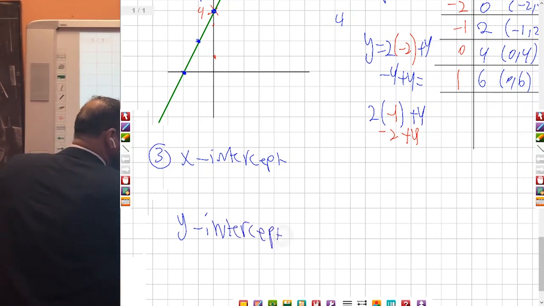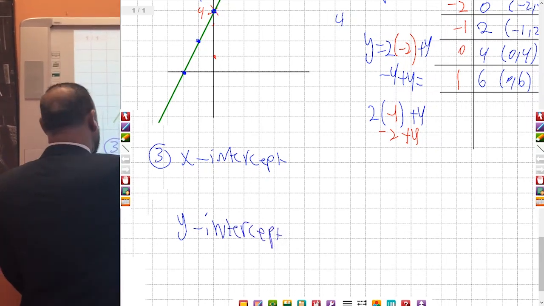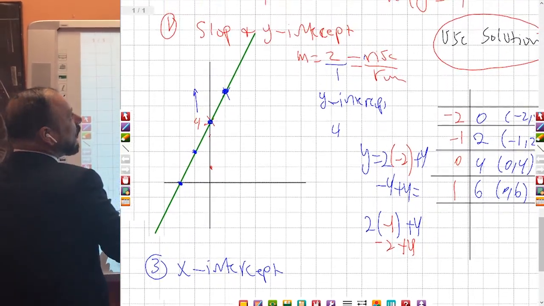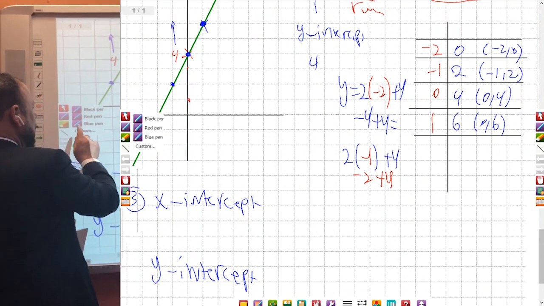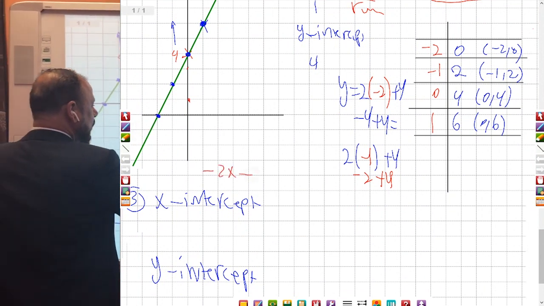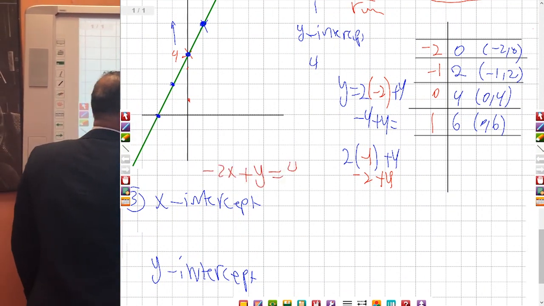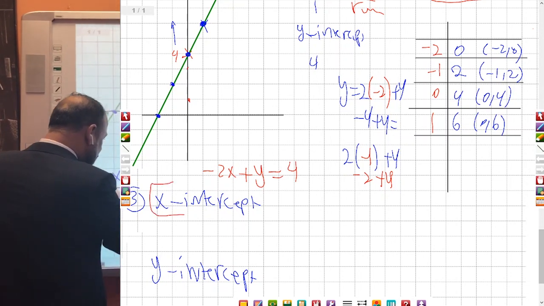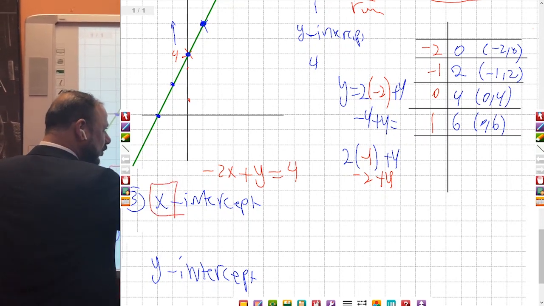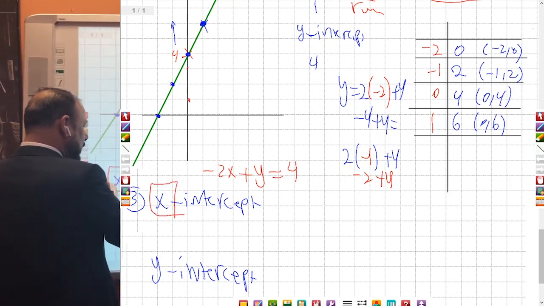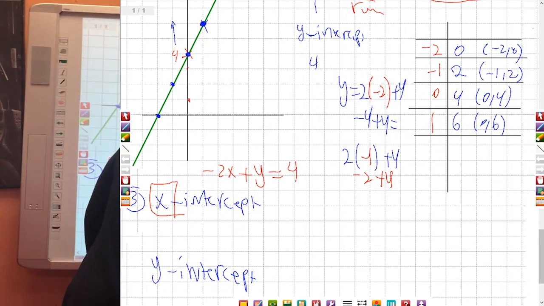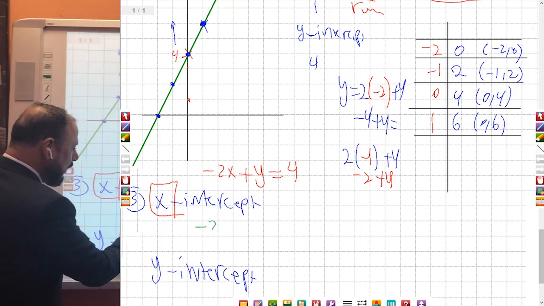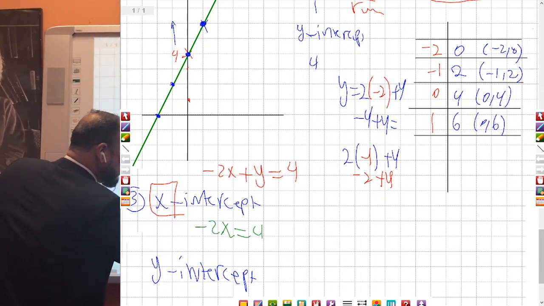To find the x-intercept, delete all the y. Look, I'm going to show you something. Where's my equation? -2x plus y equal 4. We need the x-intercept, so y is out. We have only -2x equal 4.